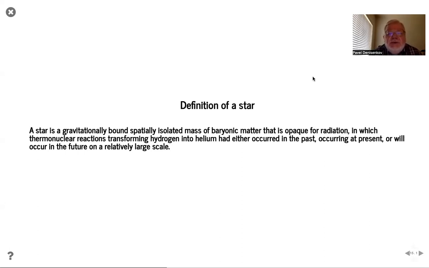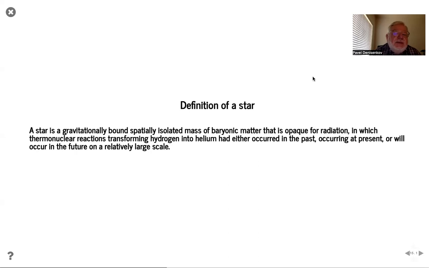So this is a definition of a star. It's not official, but I think it's correct. Let me read it. A star is a gravitationally bound, spatially isolated mass of baryonic matter that is opaque for radiation, in which thermonuclear reactions transforming hydrogen into helium had either occurred in the past, are occurring at present, or will occur in the future on a relatively large scale.